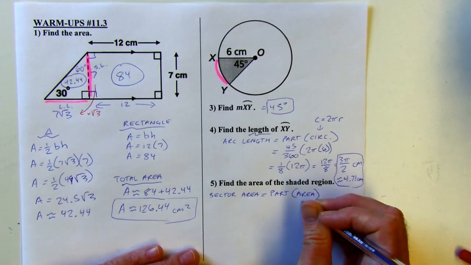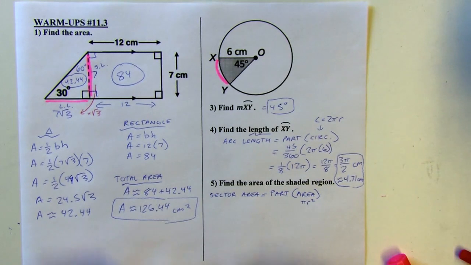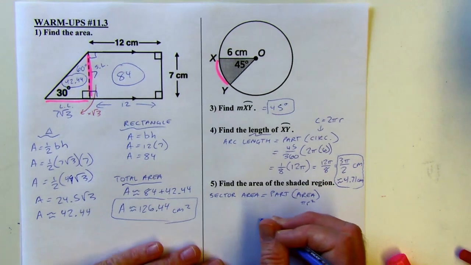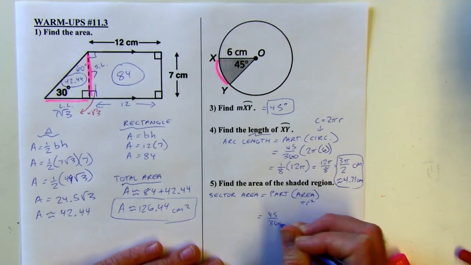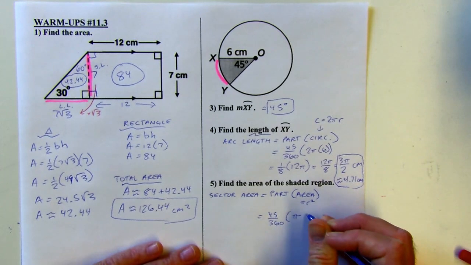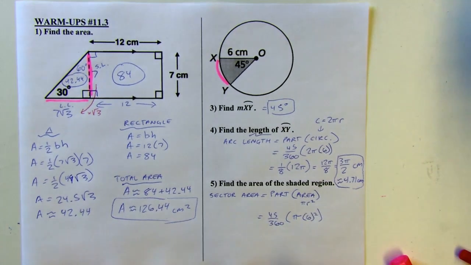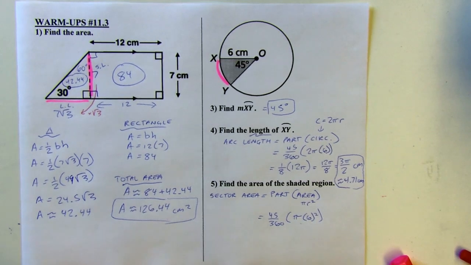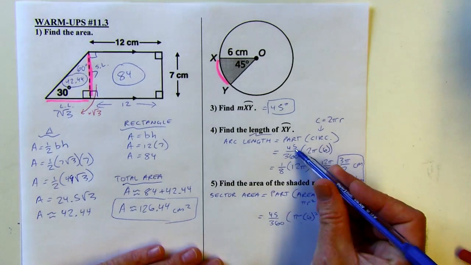Okay, and area, remember, is going to be pi r squared, not 2 pi r. 2 pi r is for circumference. So for this piece, the part, it's still 45 out of the 360 degrees, and I'm just using pi r squared here instead of 2 pi r. Very similar to the previous problem, the only thing that's changed is pi r squared instead of 2 pi r.